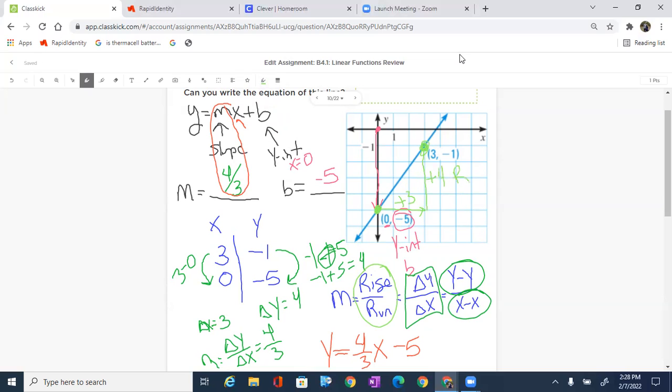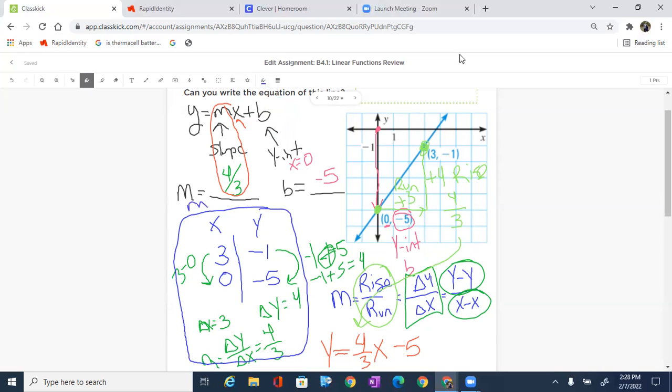There is our rise, and there is our run, which is 4 over 3. So once again, that highlights we can do this graphically if the points are easy, but we can also do the slope using this method right here to find the slope that way.